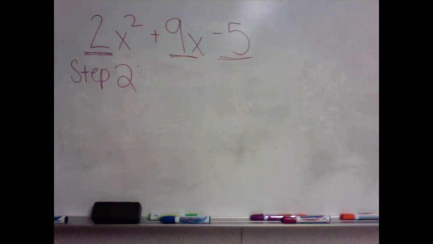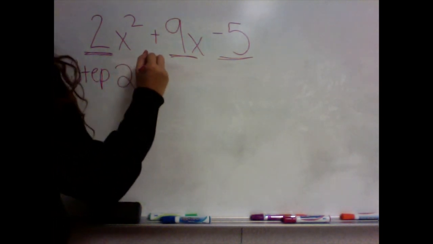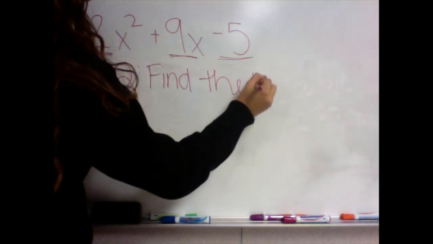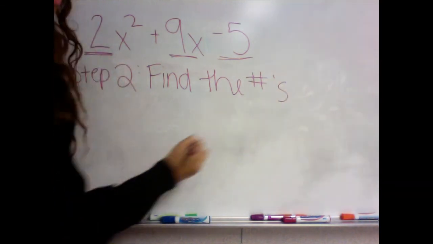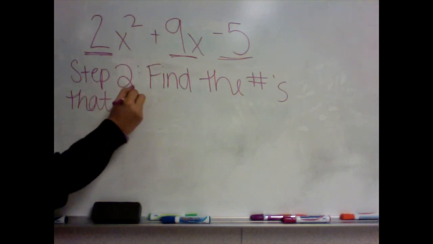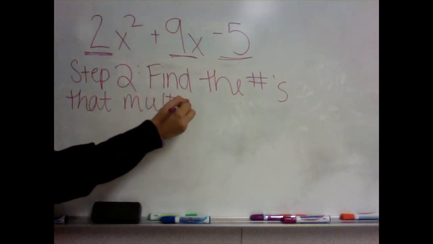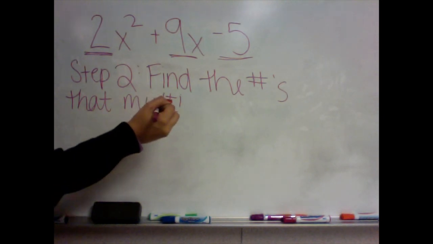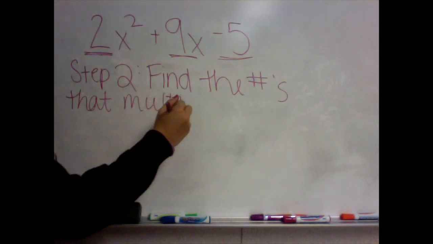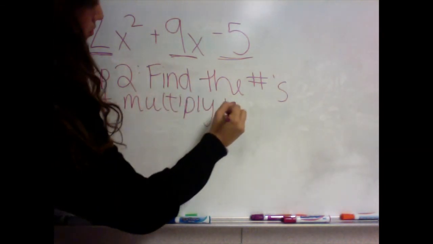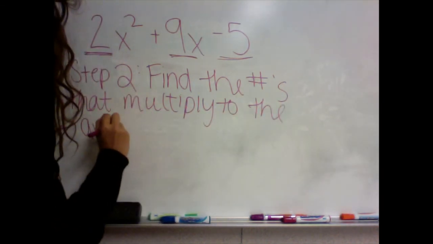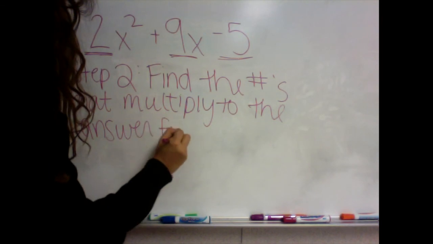This is a little tricky. But you are going to find the numbers that multiply to be what A times C was as found in step 1. But those same numbers must add together to be the B value. So what times what equals negative 10, but at the same time, if you add those together, would equal 9, which is the B value.